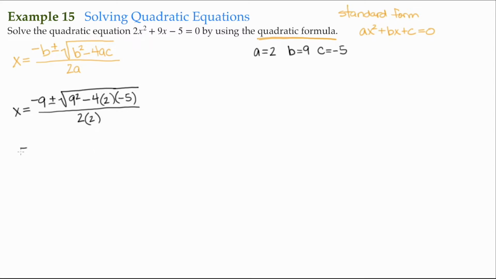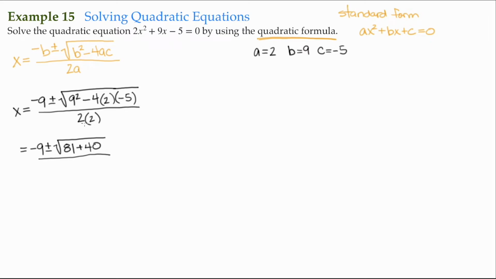So as we continue, we'll have -9 plus or minus the square root of 9 squared. 9 squared is 81. -4 times 2, that's -8. And -8 times -5, that's +40.